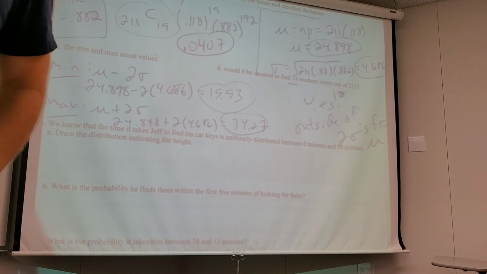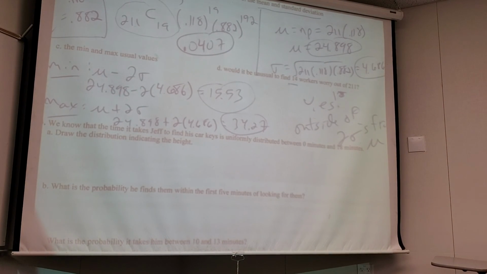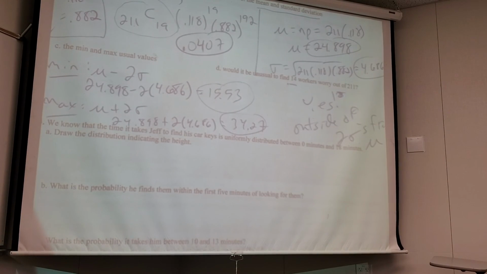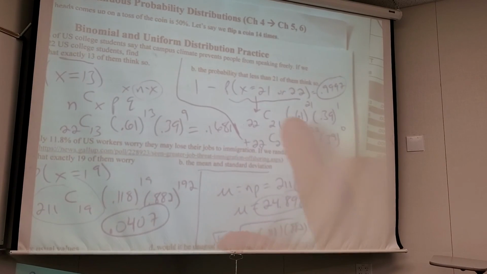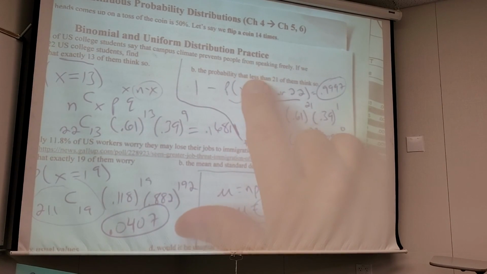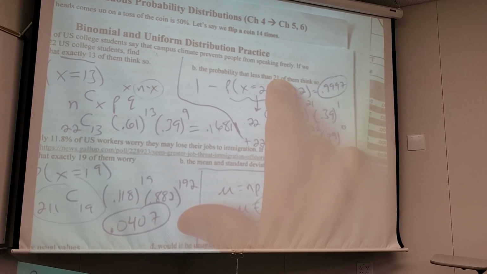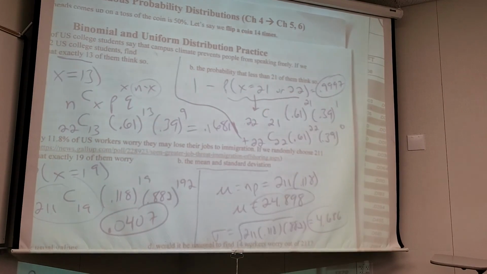Yes? Let's say if it was the probability of more than 21, how do you set that up again? On that one problem up there at the top, if it would have said the probability that more than 21, oh, if there's only one left, then I wouldn't have to do any 1 minus at all.